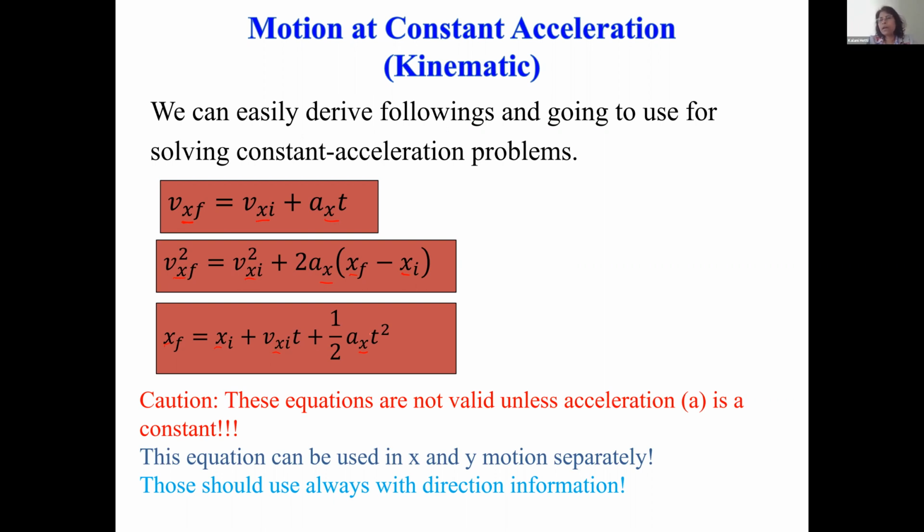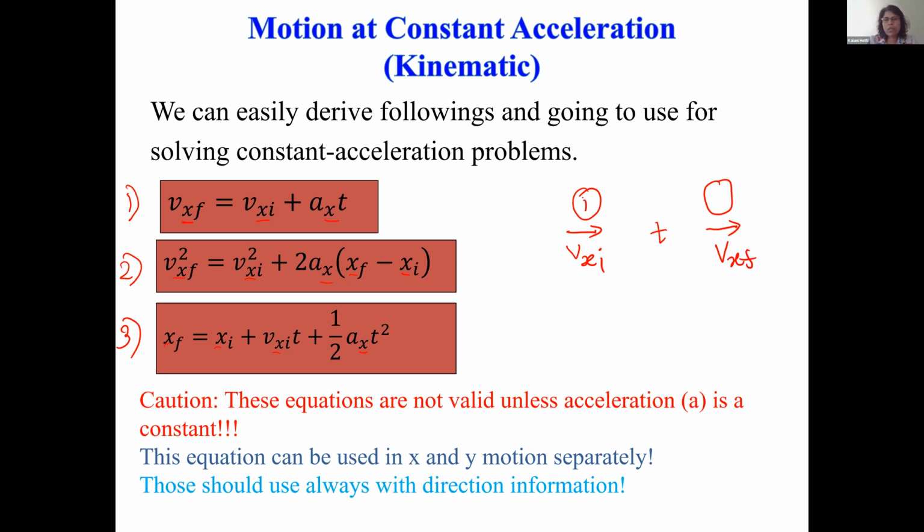My first equation, there is no order of these equations, you can call them in different orders. Right now, I'm going to say equation number 1 is this one. So now I have Vx final. If you have an object, you start with an initial velocity, we say x direction initial. This is what the initial velocity means. After some time interval t, the velocity of this ball will be Vx final.